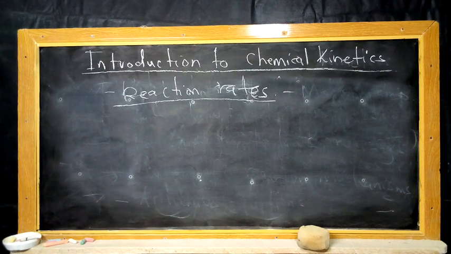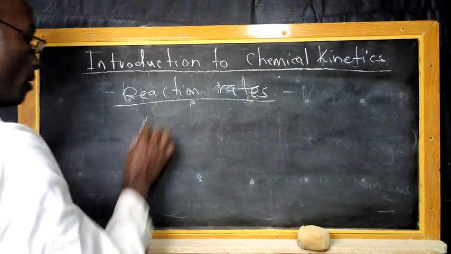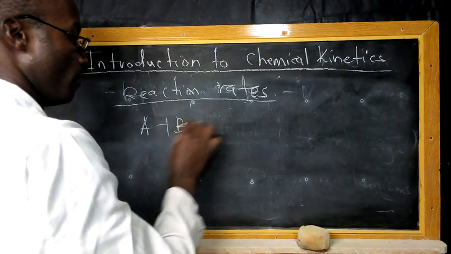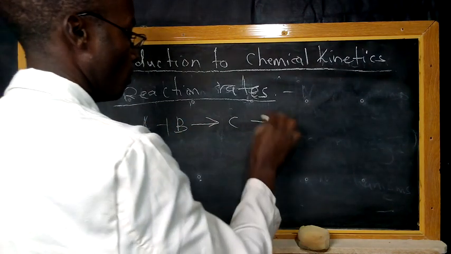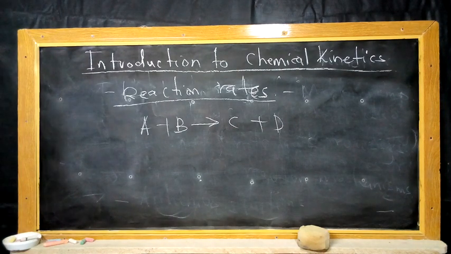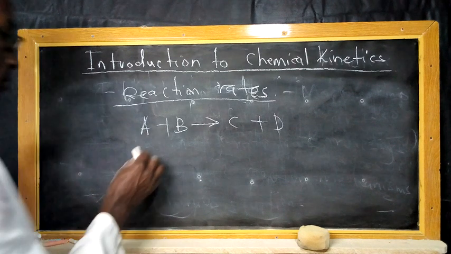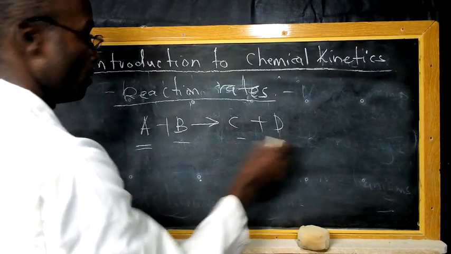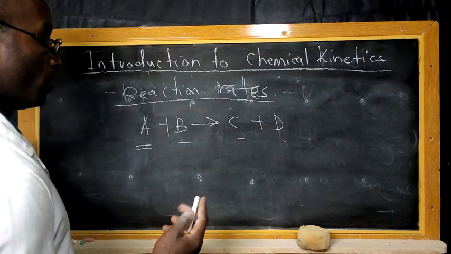So in this case, as we said, when we gave a general formula for a reaction and said that A is reacting with B to form products C and D, then we have specific notations that we are going to use for concentrations of different substances, of the products and the reactants.